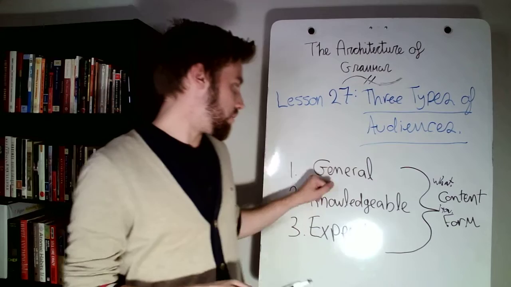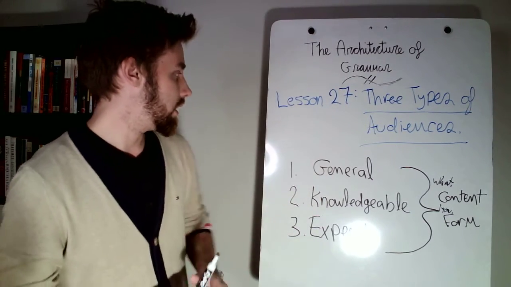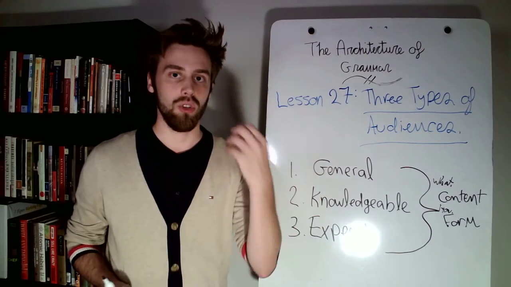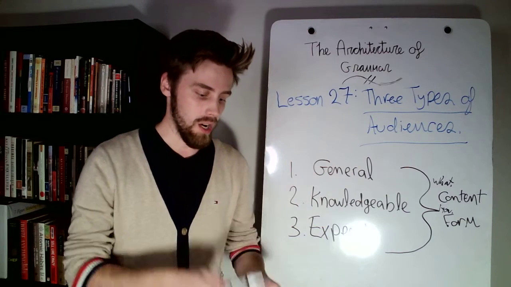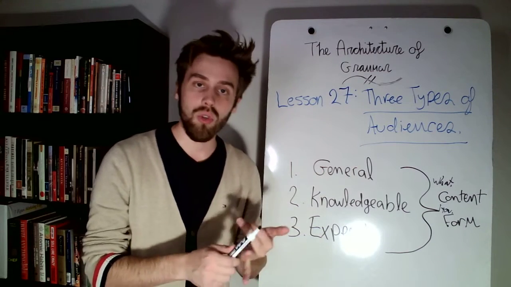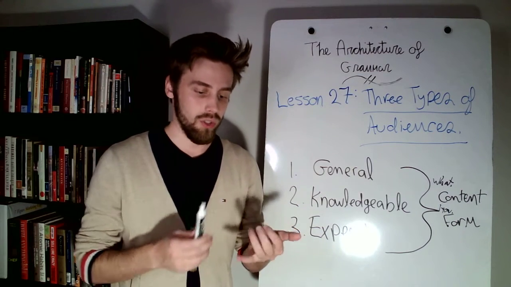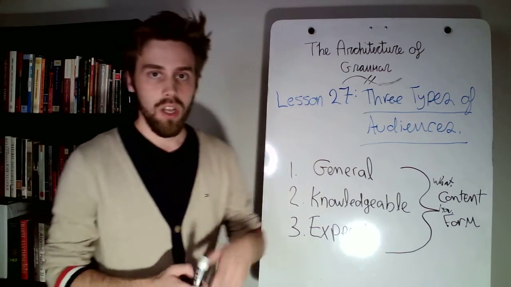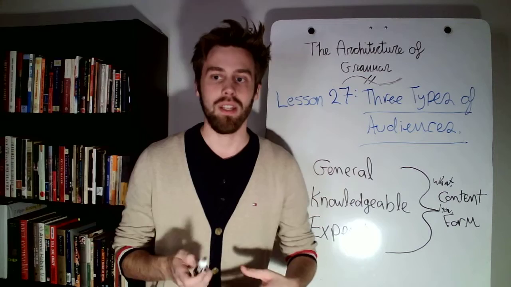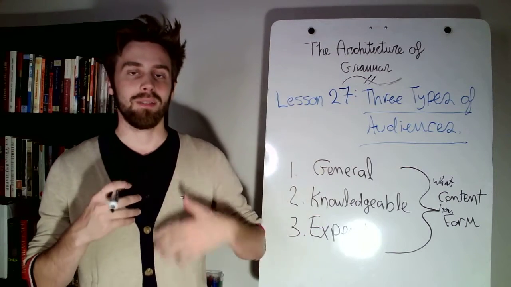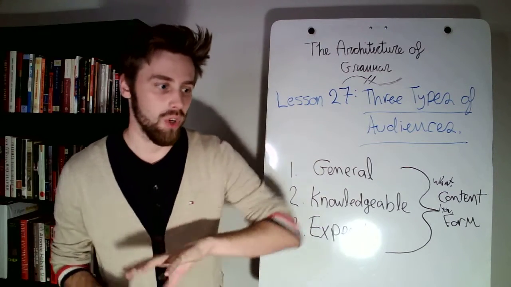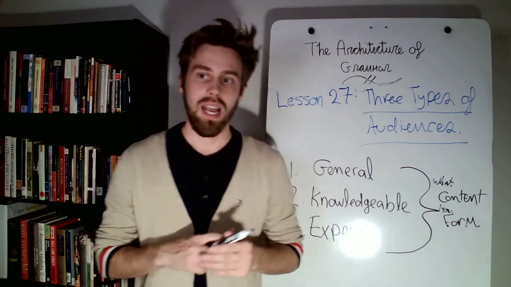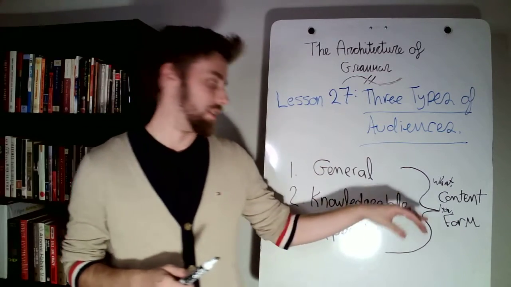So you have the general audience. For the general audience, you write to be understood. You use simple words, you use simple sentences, you don't use jargon. You make sure that it's short and easy to read. For the knowledgeable audience, you can be a little more complex. You can refine, you can explain more of the nuances. You don't have to gloss over so many details, and you can be a little complex in your style as well.